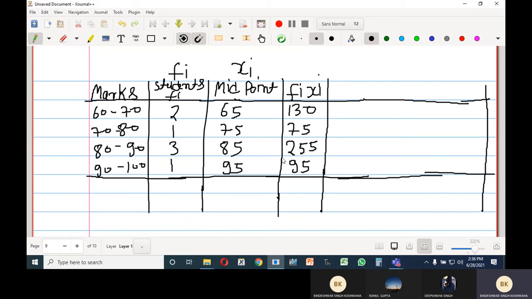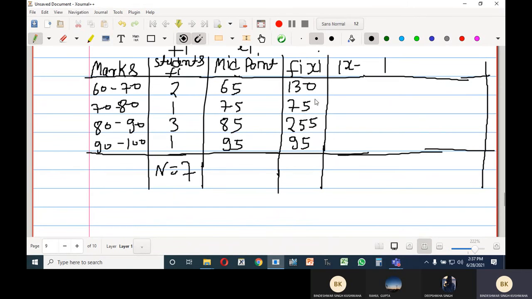So thereafter we will calculate xi minus mean. So here we have to calculate the mean. See that here also n is equal to 2 plus 3, 3 into 3, plus 3, 6, 7. So n is equal to 7 here also. You will calculate fi into xi.